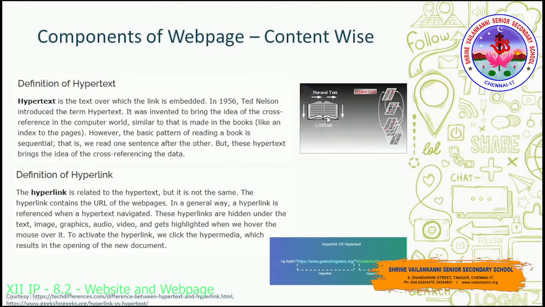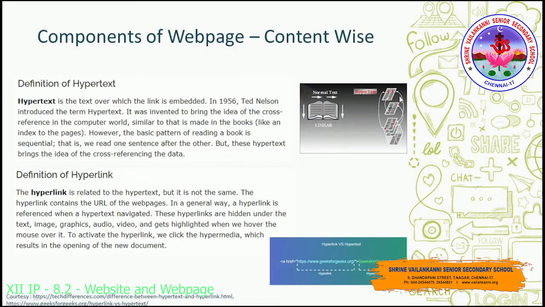In normal text we read from left to right, complete the page, then move on to the next one. This is called linear structure, one by one. This is called non-linear: from any page we can go to any other page, and from there we can come back. This reference is called non-linear reference. So this is hypertext. From any page, all these dots are called hypertext.